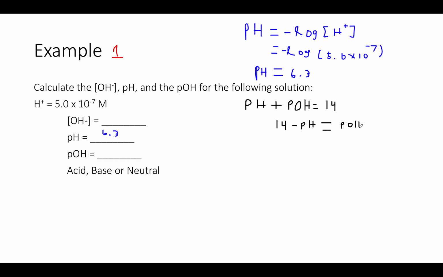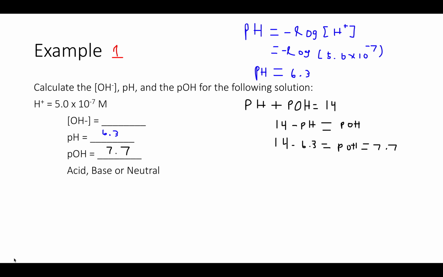The pH here is 6.3, so 14 minus 6.3 gives us the pOH, which would equal 7.7. So notice that 6.3 plus 7.7 should equal your 14.